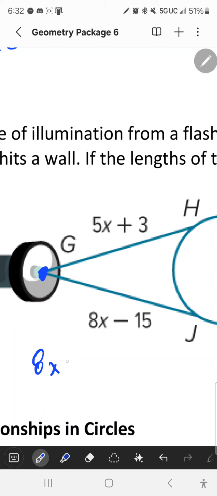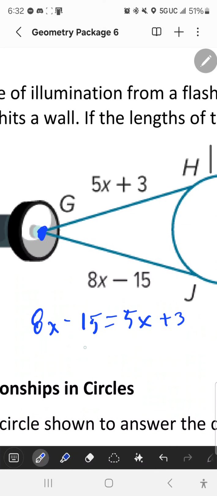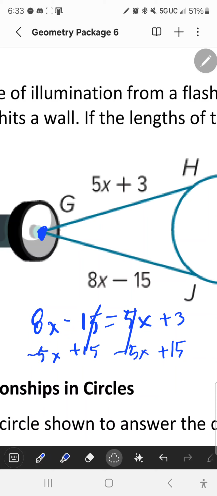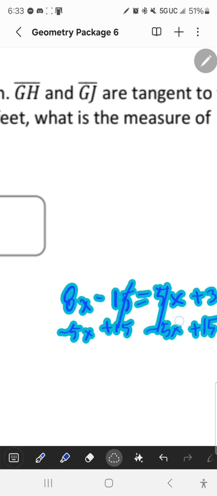It will be just 8x minus 15 is equal to 5x plus 3. Let me write it better. So if I add 15 to both sides, this cancels, and I subtract 5x, this cancels. Let me put it on the side.